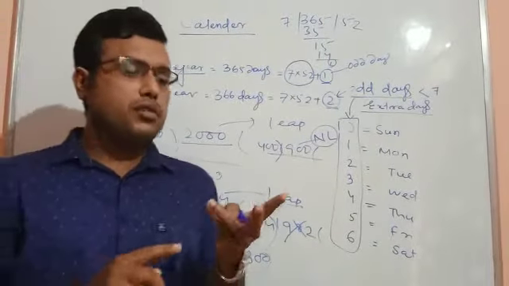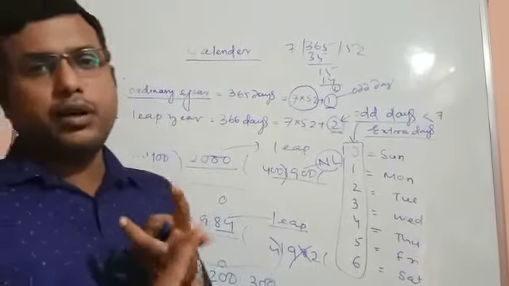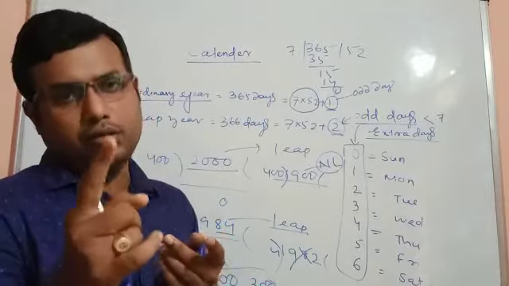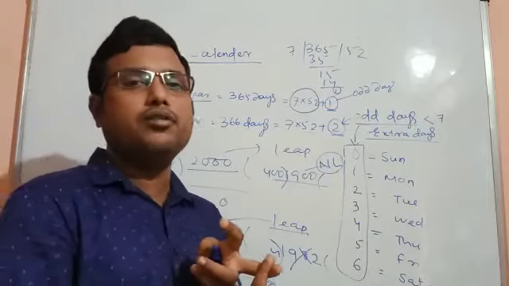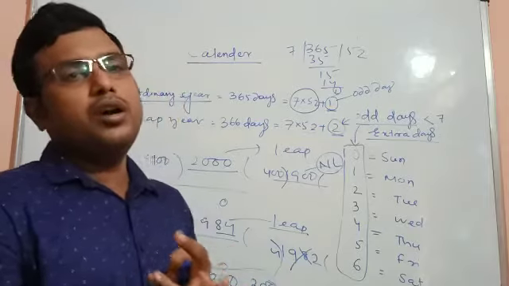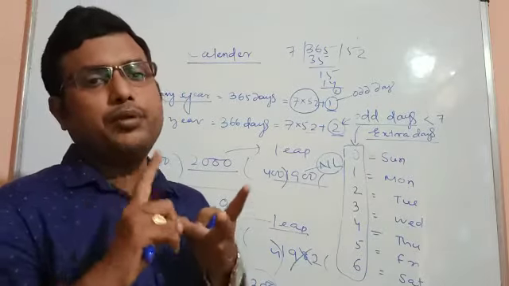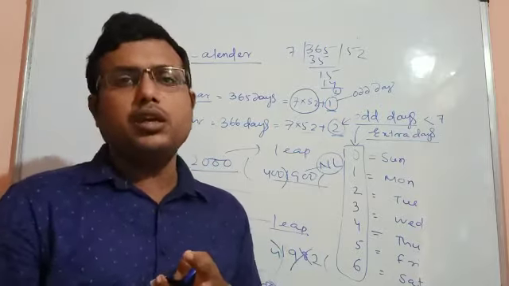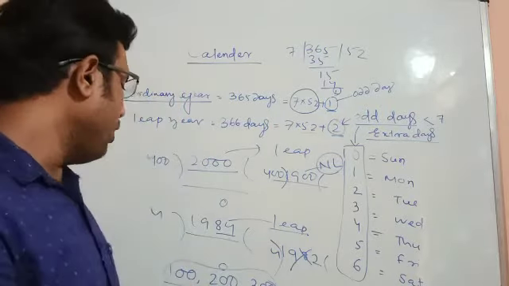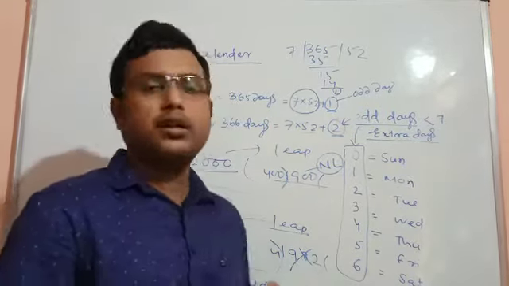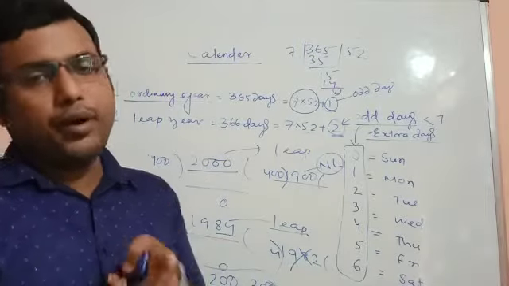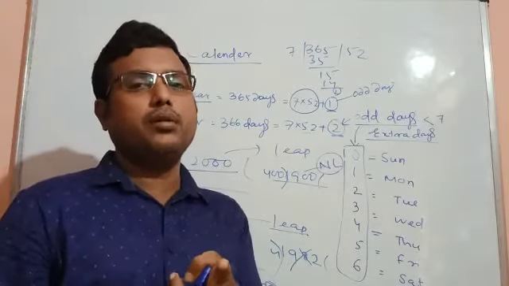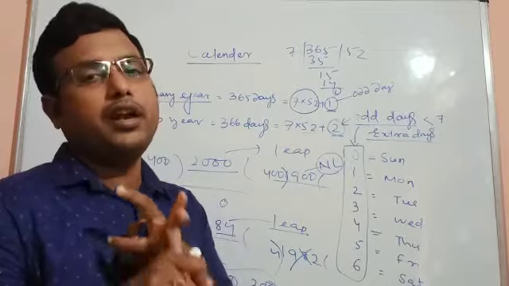So I have 3 points. In the case of leap year, the centuries which are divisible by 400 are called leap years. The year which is not a century, if divisible by 4, is called a leap year. And every century is not a leap year, for example 100, 200, 300, and 1900, etc. And the last point: in a leap year, the month of February consists of 29 days.